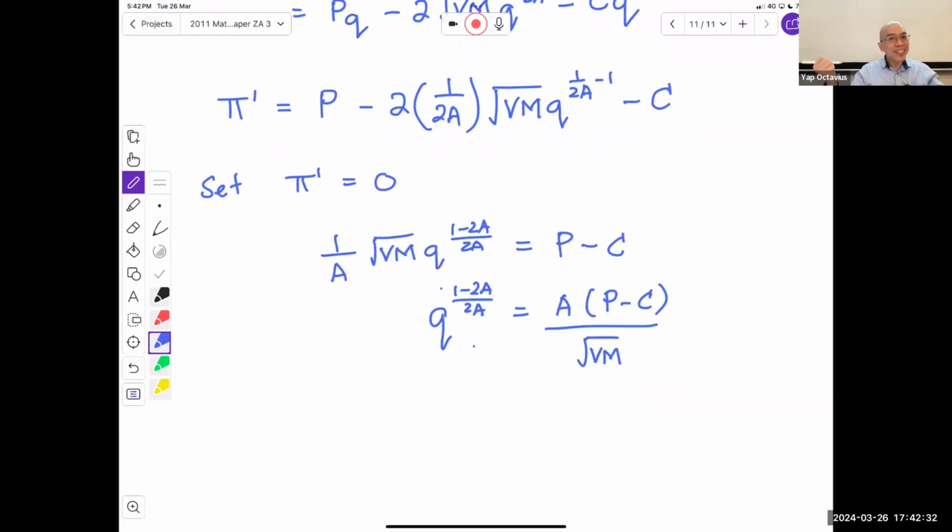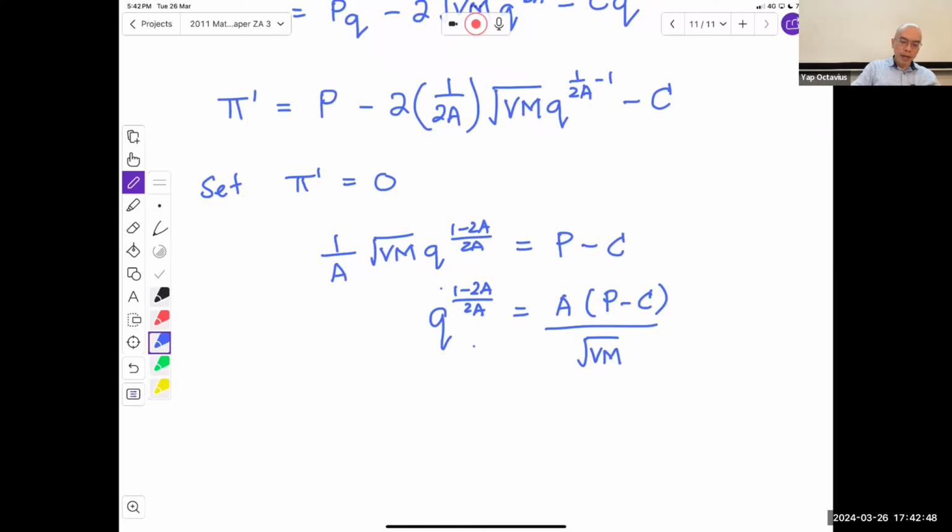Come. Q equals to, it's weird because the power is weird. Just take the multiply by the fraction. Multiply like what we did just now.